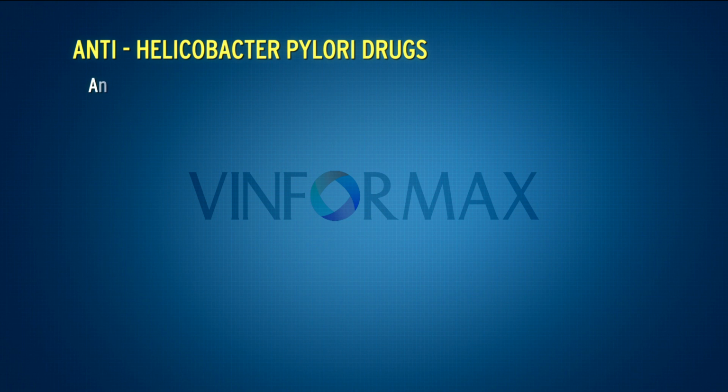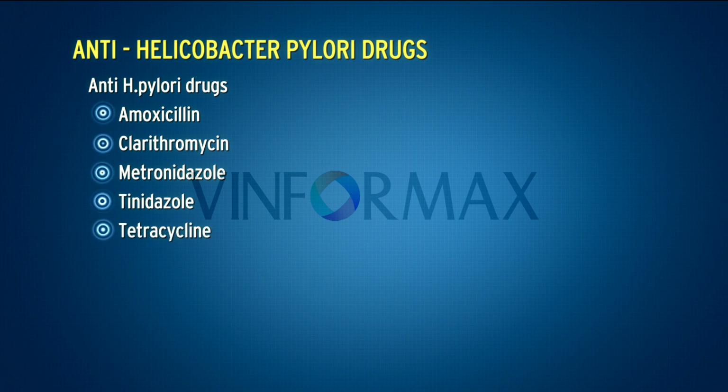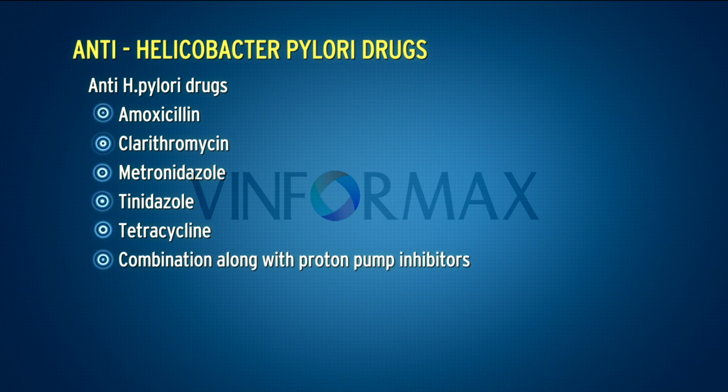To treat these ulcers, anti-H. pylori drugs are used, and they are as follows: amoxicillin, clarithromycin, metronidazole, tinidazole, and tetracycline. These drugs are given in combination along with proton pump inhibitors for 1 to 2 weeks for complete healing of the ulcer.